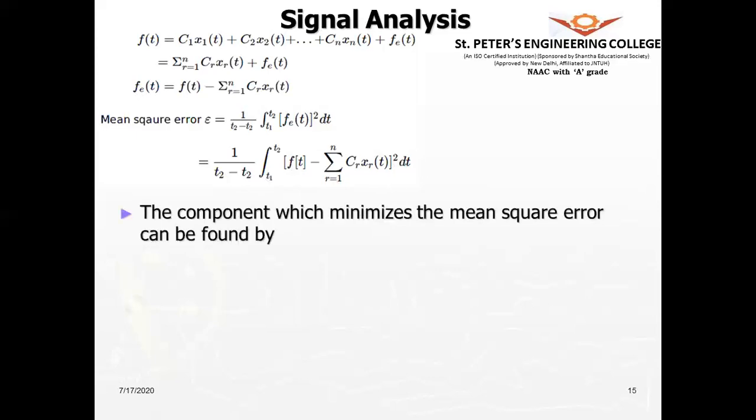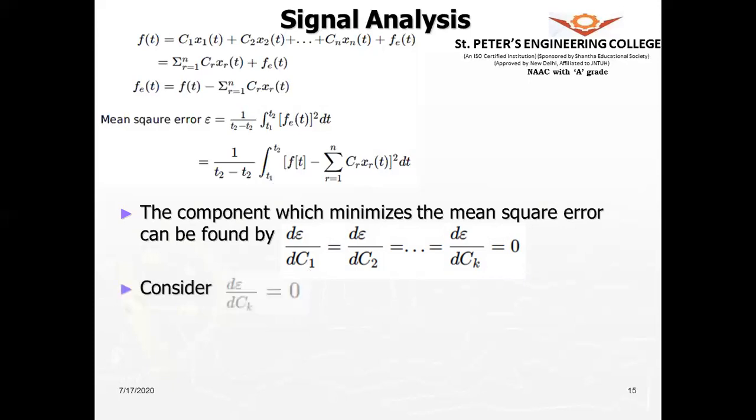So we can minimize this mean square error by differentiating with respect to each of the different values of c and equating it to 0.